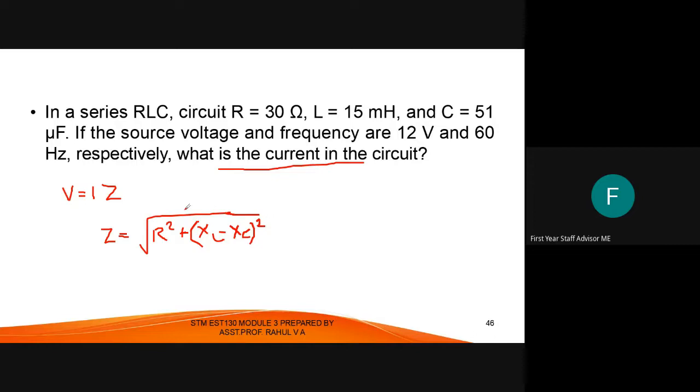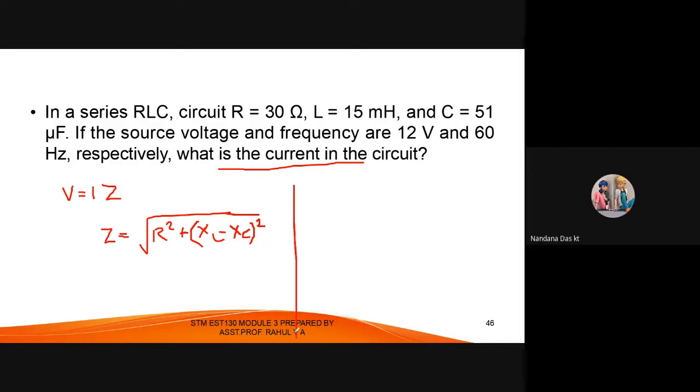XL, XC എങ്ങനെയാ കണ്ടുപിടിക്കുക? ഇതിന്റെ XL, XC എങ്ങനെ കണ്ടുപിടിക്കും?